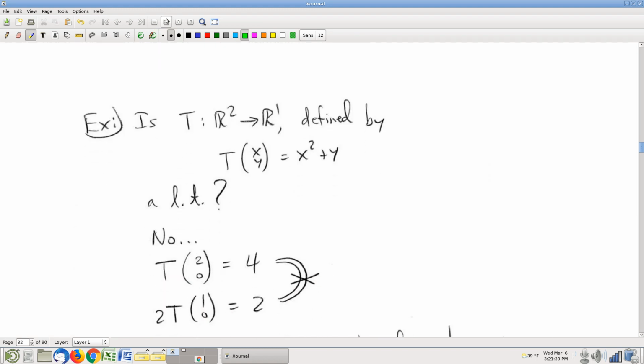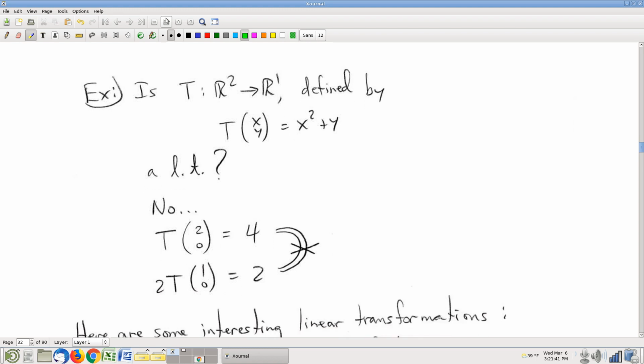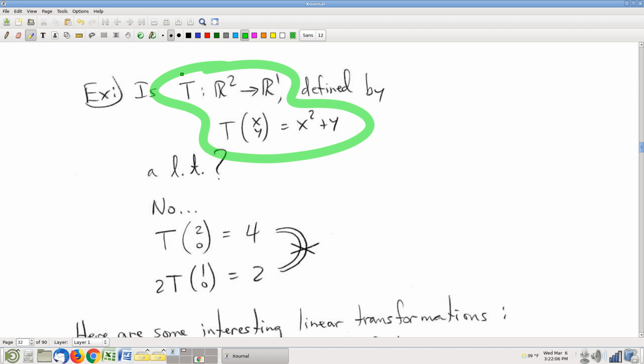One last quick example before we get to a longer list of examples. The purpose of this next example is just to point out that you can't just assume that everything in sight is a linear transformation. This is a course in linear algebra, sure. It may be that most of the functions that we see will be linear transformations, but that's not a logical basis for inferring that something actually is. So, here's a perfectly good function.